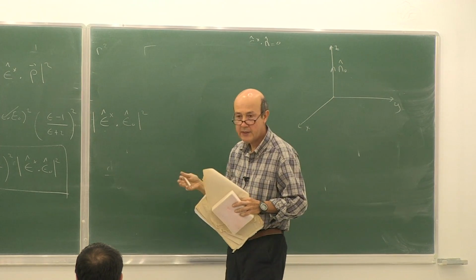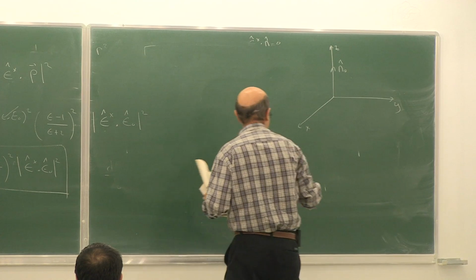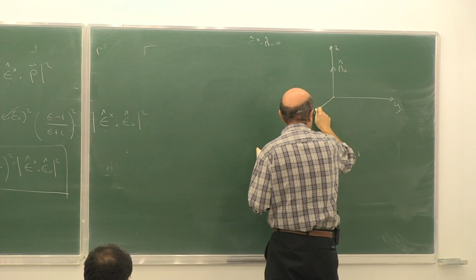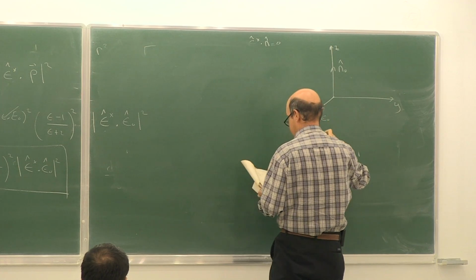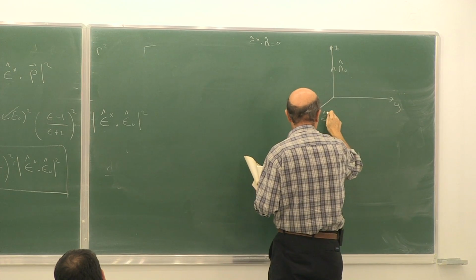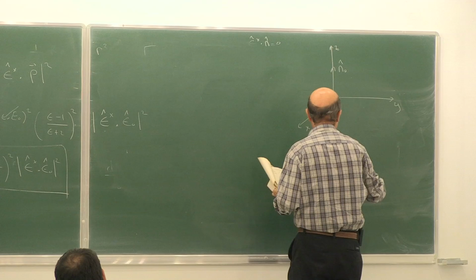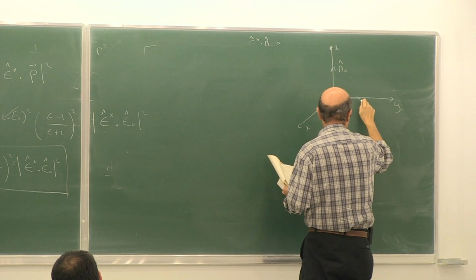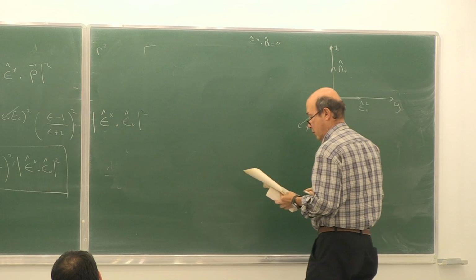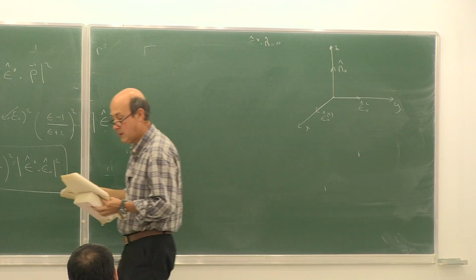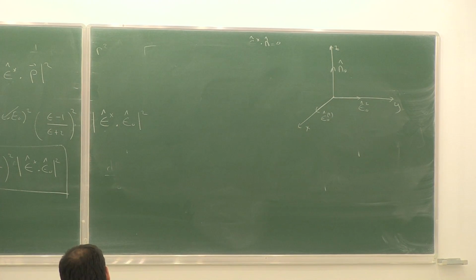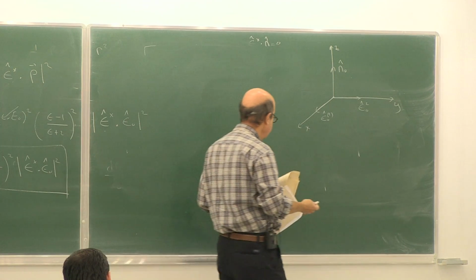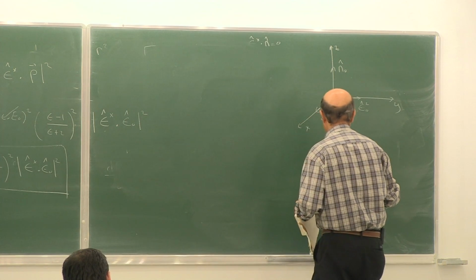Therefore, the polarization vectors will be what? Before the scattering, that should be epsilon 0, 1, and epsilon 0, 2. 1 represents the x-axis, 2 represents the y-axis. This is the incident wave before the scattering.